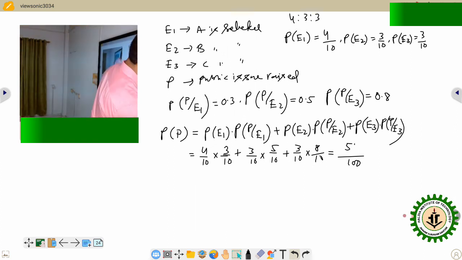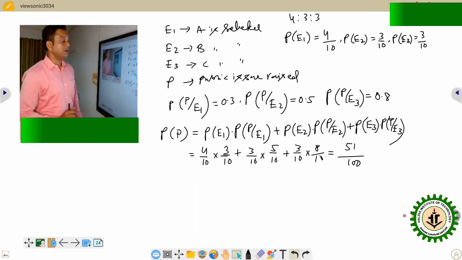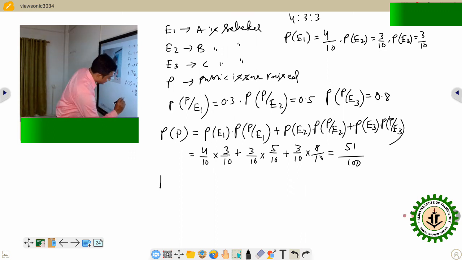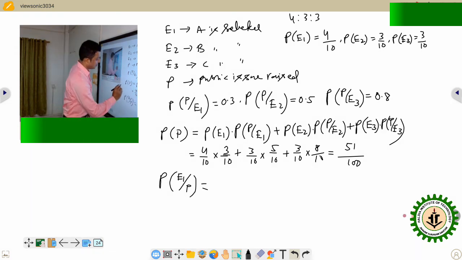Now if we are finding the probability that it is coming from the first one, what you have to do is the probability of E1 when A is raising this issue, when raising this issue is known to us, this is the Bayes theorem. So this is total probability and this is the Bayes theorem.